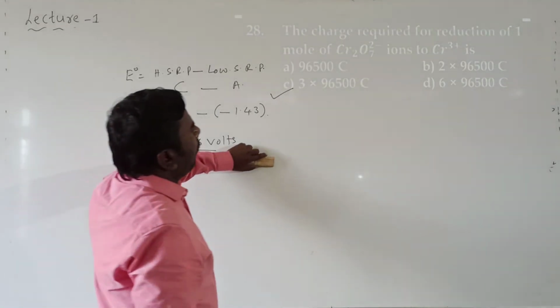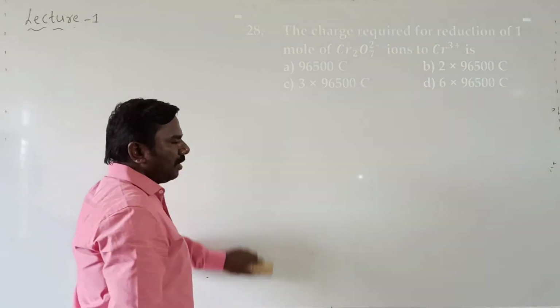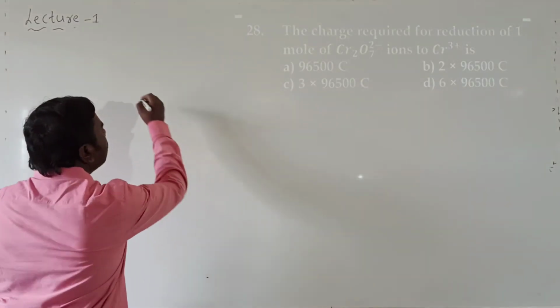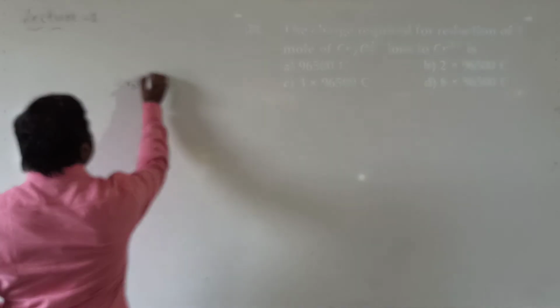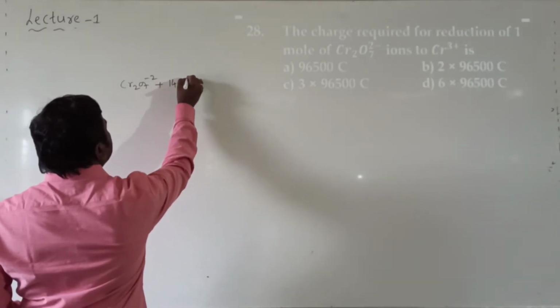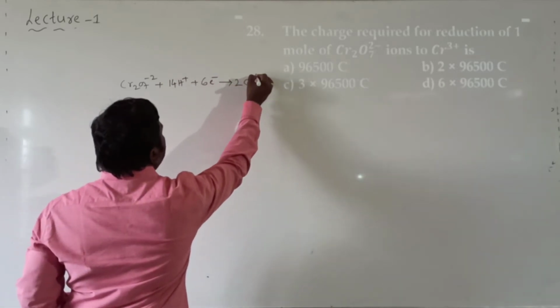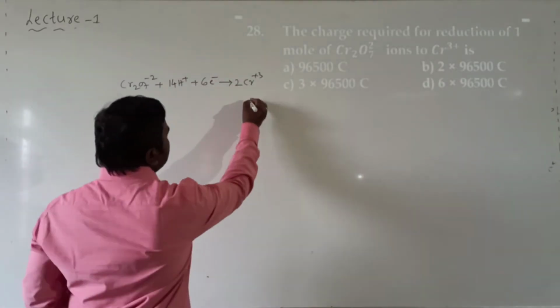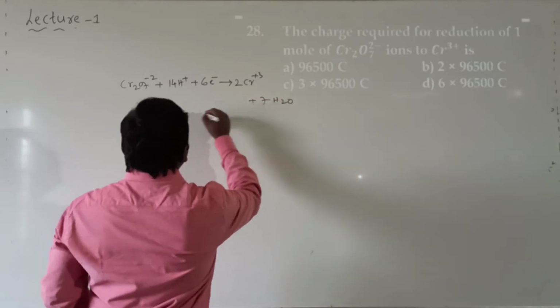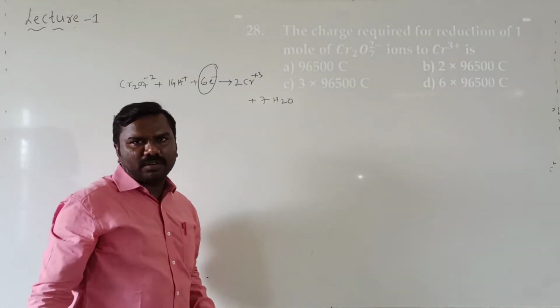The charge required for the reduction of 1 mole of Cr2O7 minus 2 ions to Cr plus 3. Cr2O7 minus 2 plus 14H plus plus 6 electrons gives 2 Cr plus 3 plus 7H2O. How many electrons are involved? 6 moles of electrons.